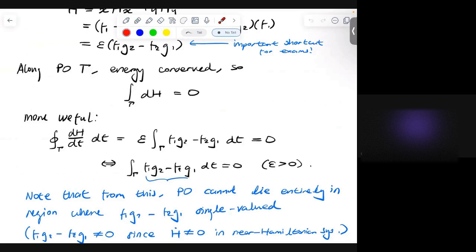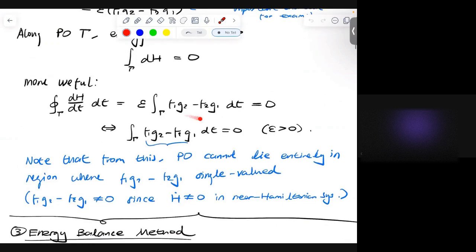Now we're going to call the PO gamma. Along gamma, energy is conserved in the original system, so this integral is going to be equal to 0. But more usefully, we can rewrite this as a time integral, and because we know what H dot is, we can substitute that in from the previous bit.